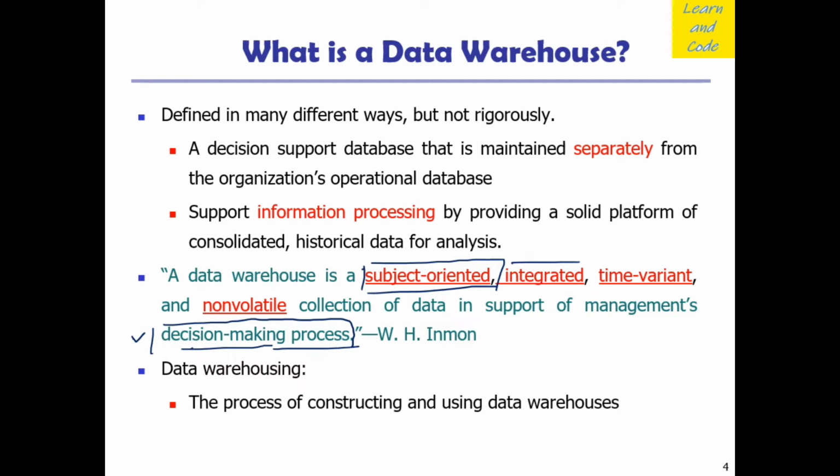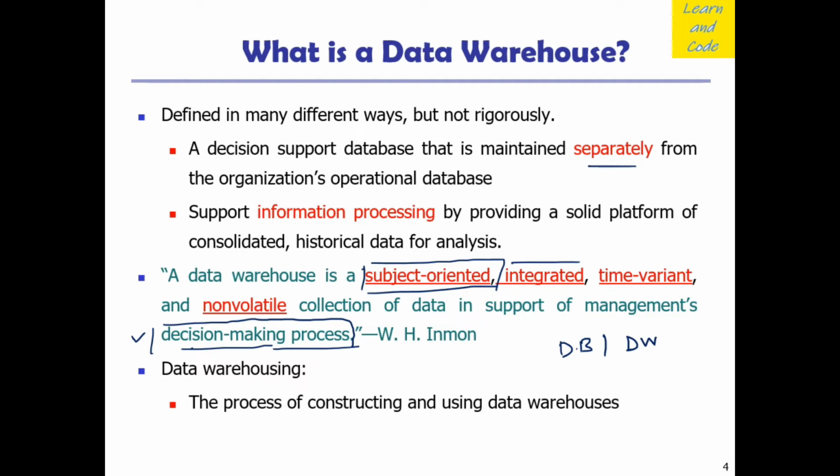A data warehouse is a decision support database that is maintained separately. One is your day-to-day transactional database, and the other is the data warehouse. These two are different, and in further lectures we'll discuss each and every difference between them.